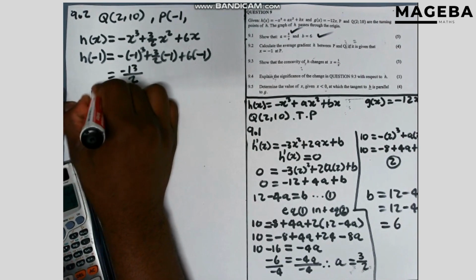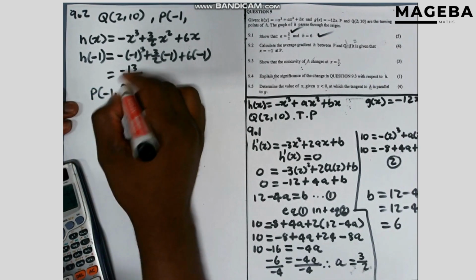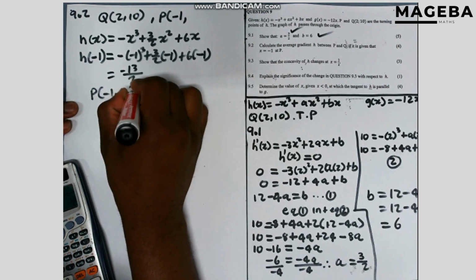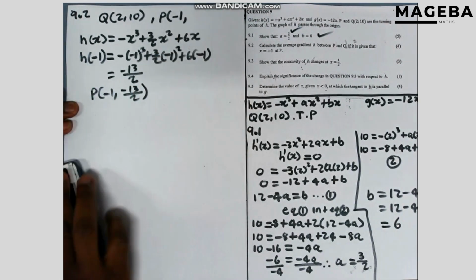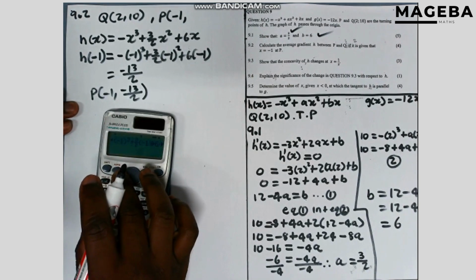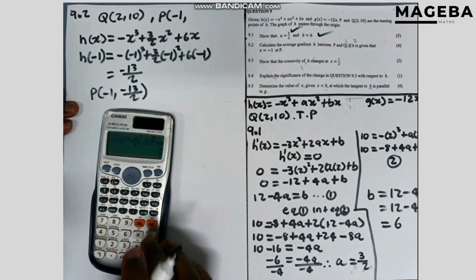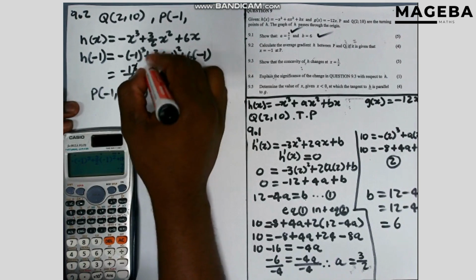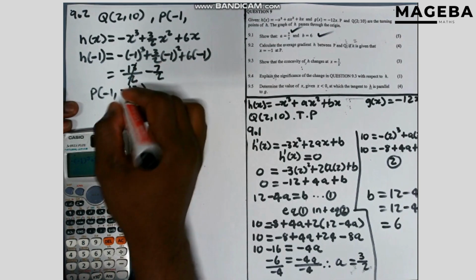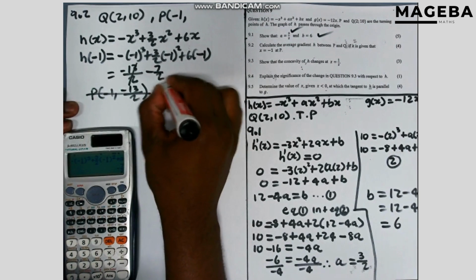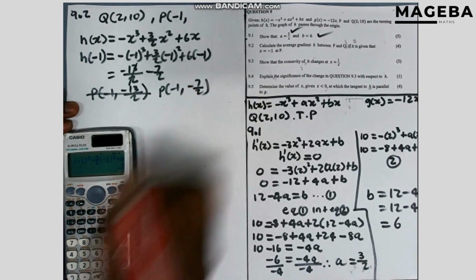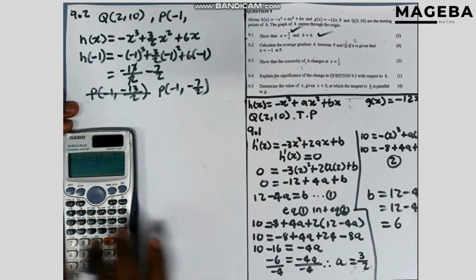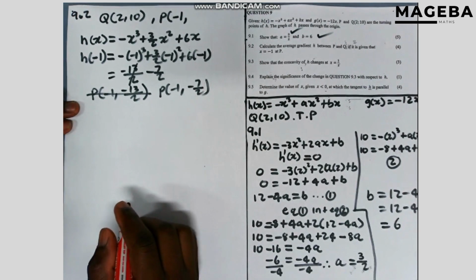So point P is negative 1 into negative 13 over 2. Oh, sorry, it's squared here. There's a squared here which I didn't put. Then 7 over 2. Sorry, this is negative 7 over 2. So the whole point P is negative 1 into negative 7 over 2. Sorry about that. And then we're moving forward to finding the average gradient.